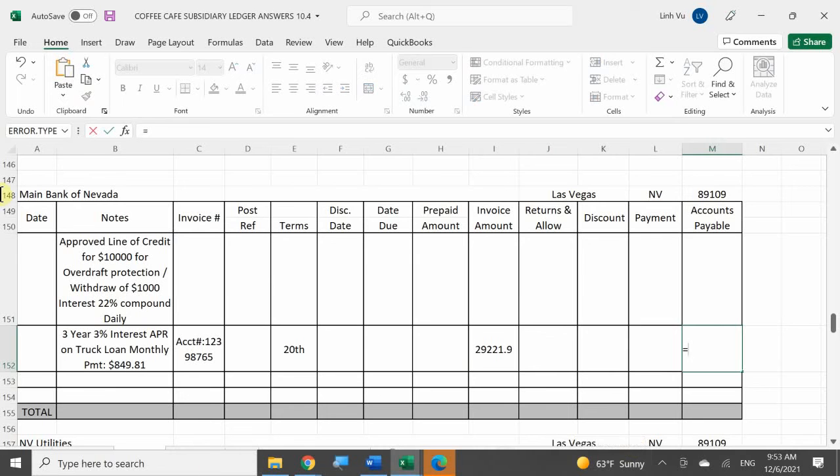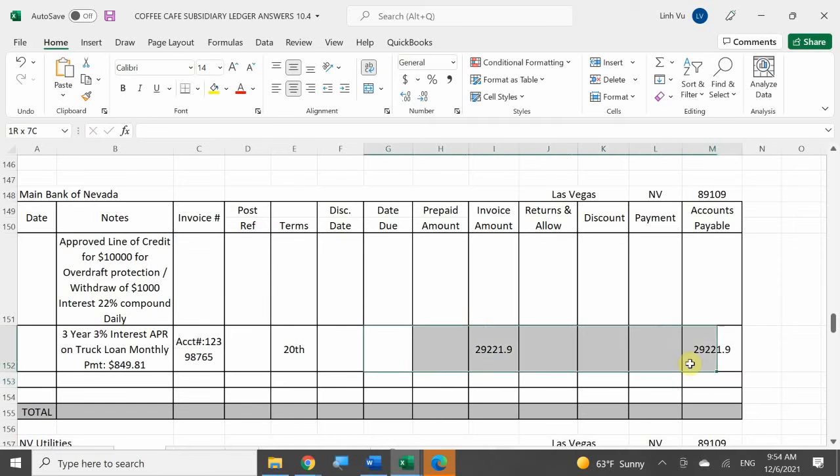No. Okay, so in this case, invoice amount minus prepaid minus returns minus discounts minus payments. And my formula says I owe $29,221.90. Okay. And that right there is my bank loan, or in this case, truck loan.